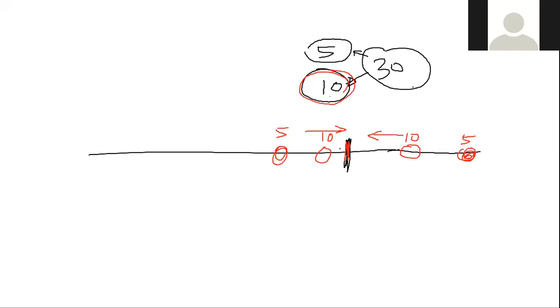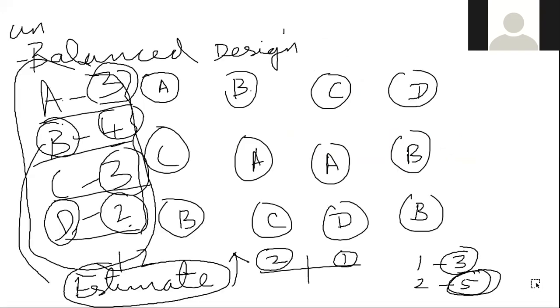When you estimate, the estimations are much more accurate when you have more and more replicates, right? So that is why we need to have more replicates.